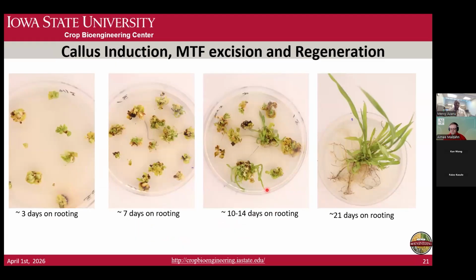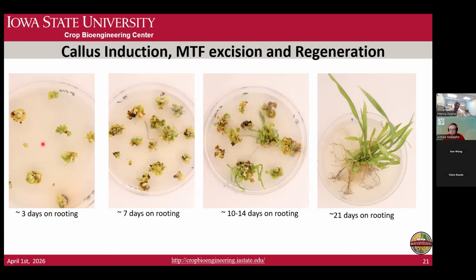Another really important step is when you transfer them from maturation in the dark to maturation media in the light chamber. Based on our experience, the period of 5 to 7 days in light is really important, because when you begin to see green tissues coming out, the shoots beginning to form, it's important to transfer them to rooting media immediately.